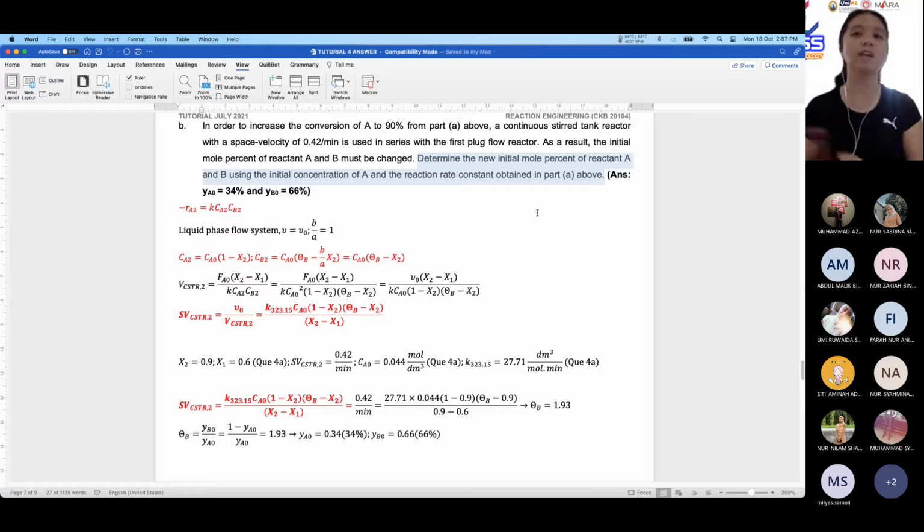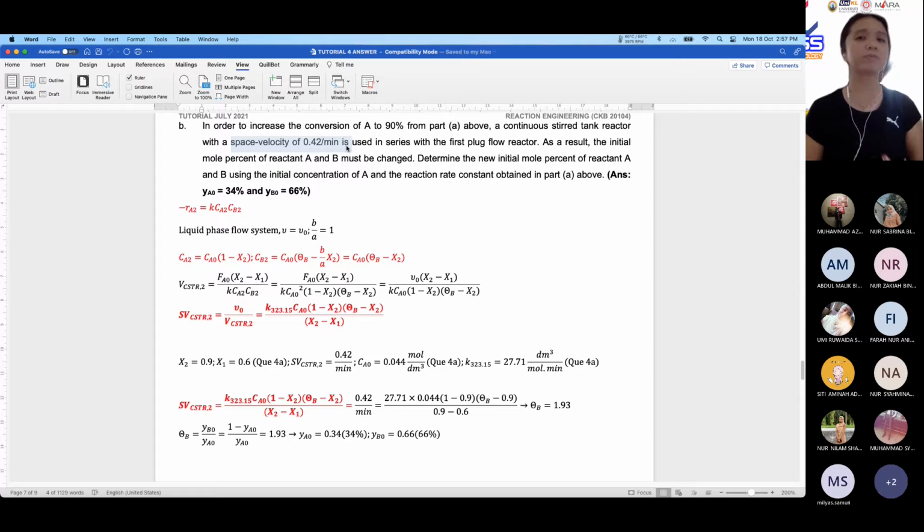Okay, so kamu kena ingat je first. When it comes to, of course not in all situation lah kan. Okay, but in this situation, you must first know apa equation yang related ataupun apa benda yang akan related dengan benda baru yang kamu nak cari ini. Okay, so in this our case, kita tahu sebab dia beri kita space velocity. Kalau dia beri kita space velocity ke, volume ke, space time ke, kamu tahu dia berkaitan dengan design equation.